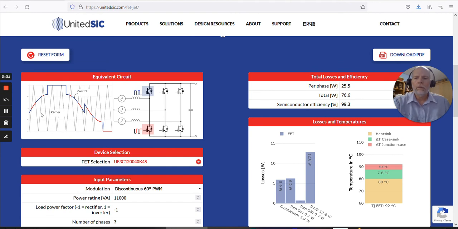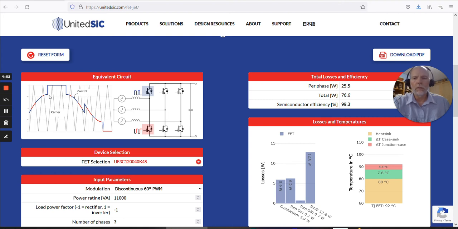So with discontinuous PWM, we have the control signal that actually tells the top FET here at the top of the waveform to stop switching and just stay on for 60 degrees out of the 360 degree line cycle. And then at the bottom of that control waveform, it turns the top FET off and keeps the bottom FET on. Okay, so this is useful to decrease your switching loss.